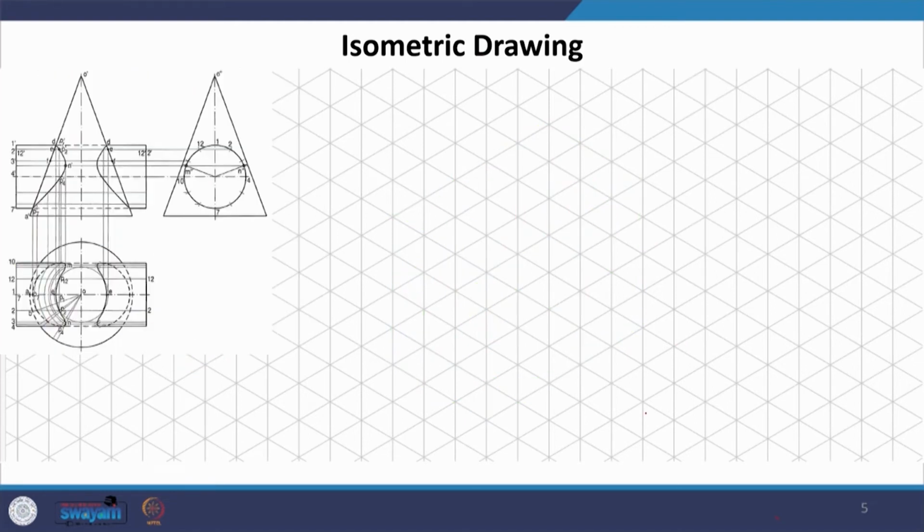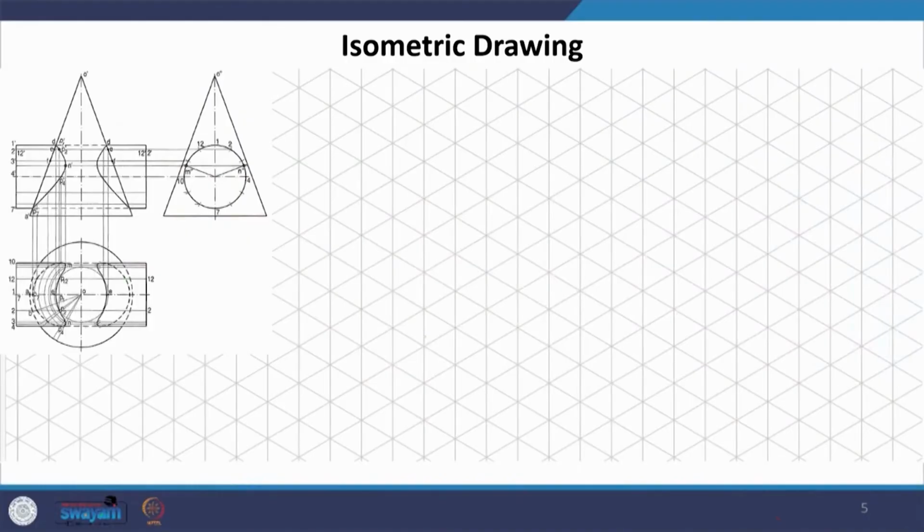Let me take one more example, which is a cone. The process remains exactly the same, and we will get a little skewed drawing in the isometric, because we cannot exactly arrive at these points if we do not take these distances. The basics remain the same, the reference plane has to remain the same. So, let us start by drawing this cone just as we did.